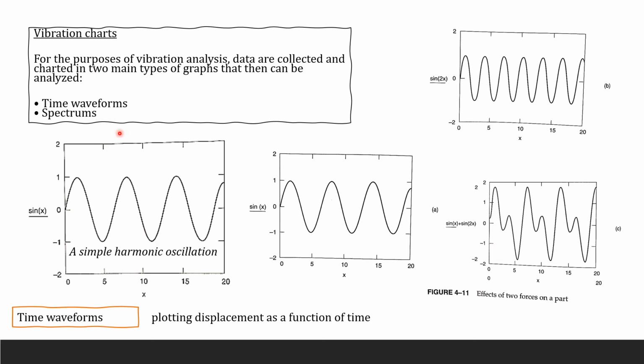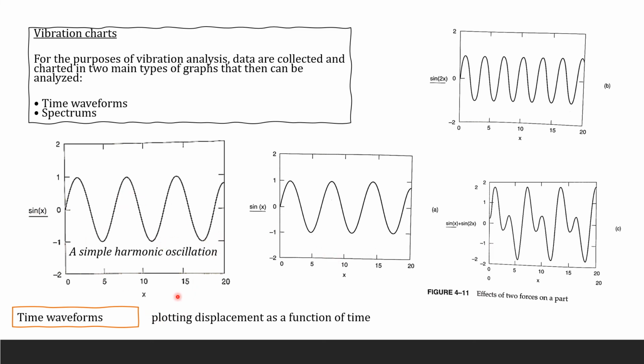The time waveform looks like that, and it's a sine function. A sine function usually gives you the wave, and if you remember your physics from high school, we call that a simple harmonic oscillation. Here is one oscillation, 2, 3, and so on.